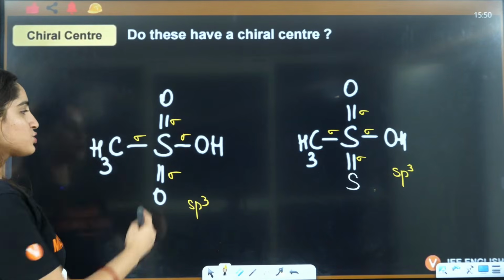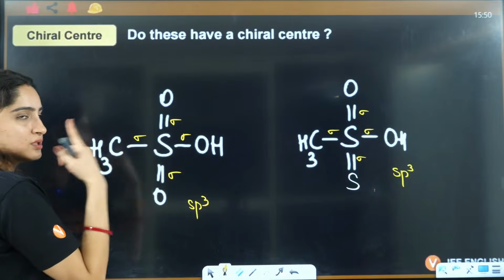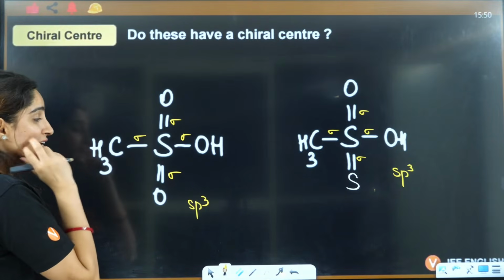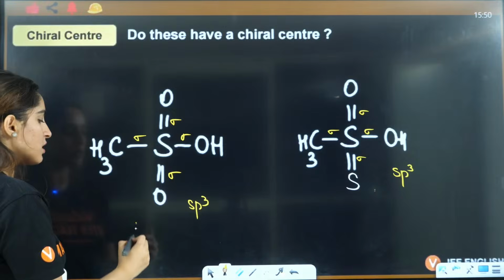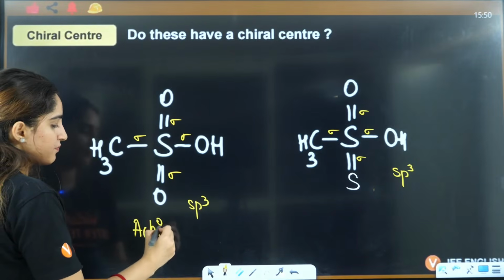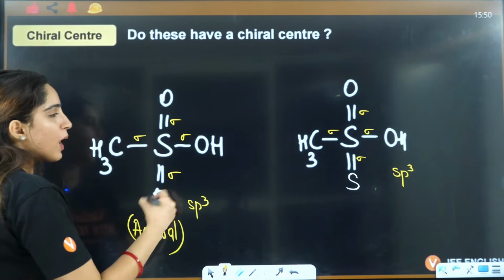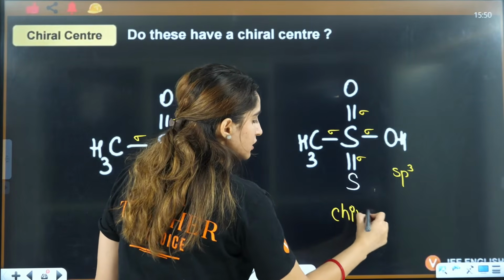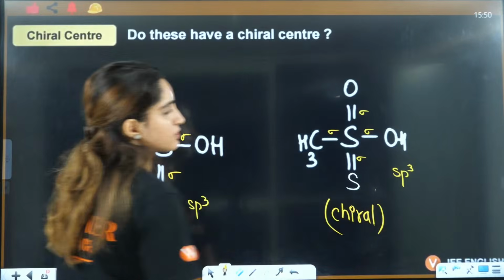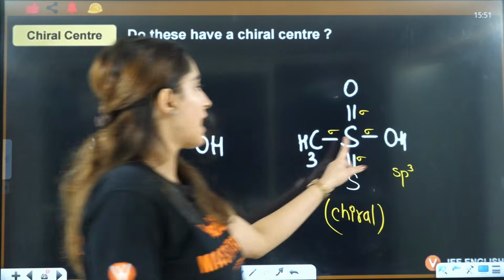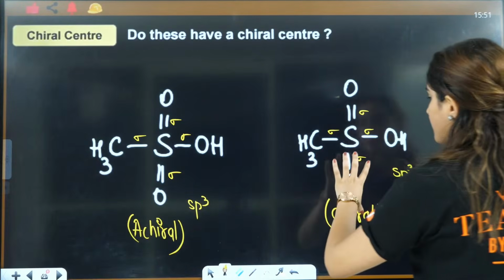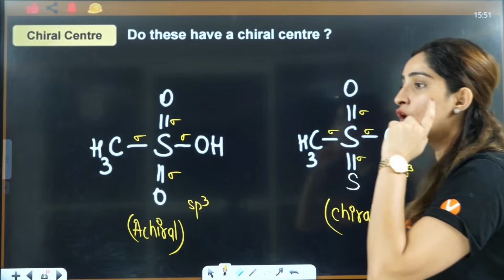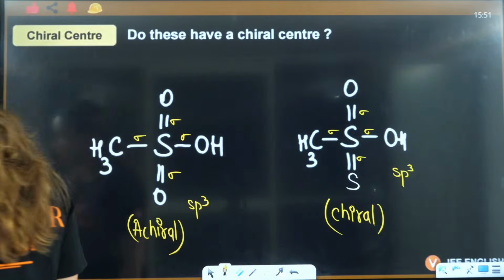Now this has two same bonds attached, that is double bond O, so this is achiral. Here you have attachment of double bond O and double bond S, so it will be chiral in nature, right? Because OH is different, CH3 is different, double bond S is different, double bond O is different. So this is going to be a chiral molecule.